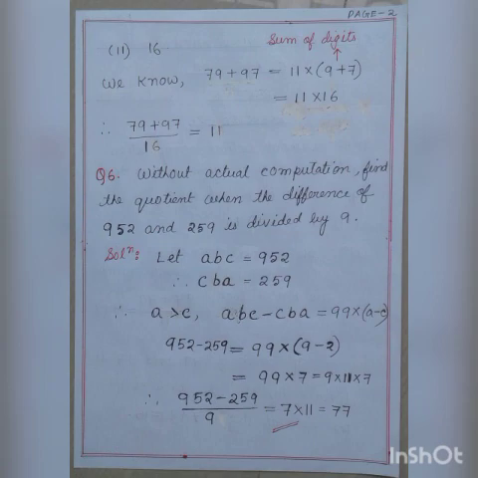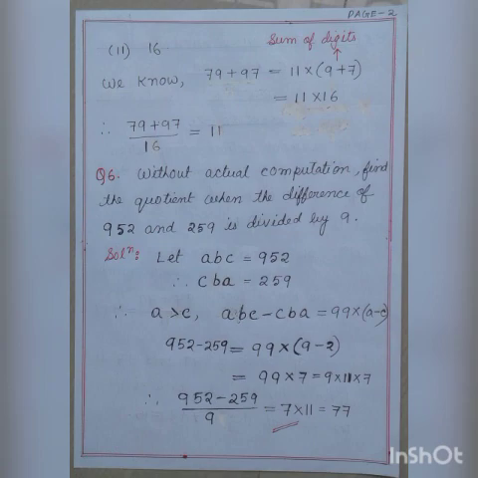The third digit will come as the first digit, and the first digit will go as the third digit for CBA. We can see that A is greater than C, that is, the digit in ones place is smaller than the digit in hundreds place.